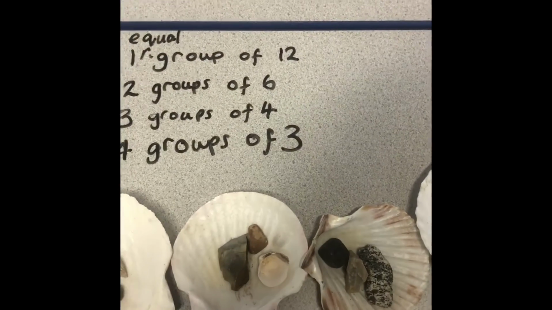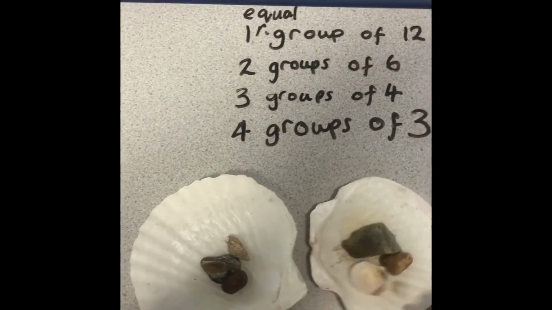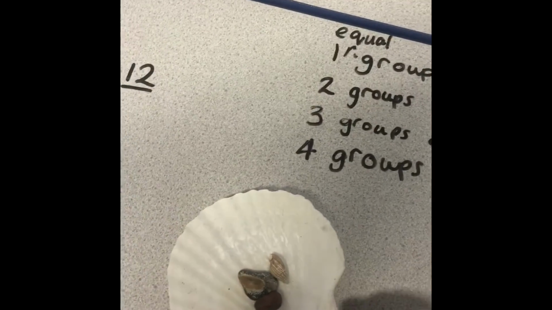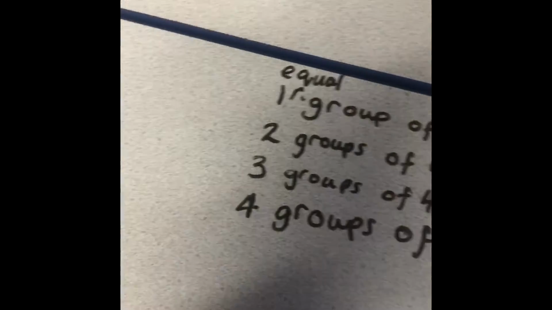Now I'm going to have a go at doing it in 5 groups. I'm going to tip them back out. Unfortunately, I haven't got 5 big shells. Didn't prepare me for sugar, naughty me. But I'm just going to draw myself 5 groups. Again, please do not draw on the table at home.